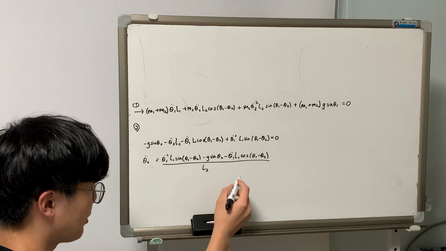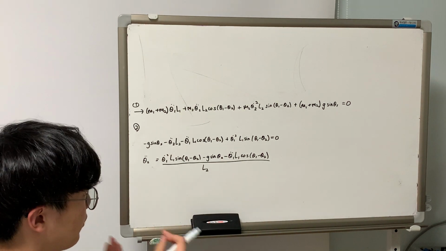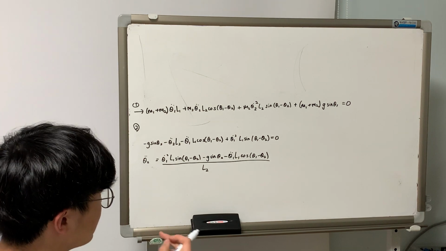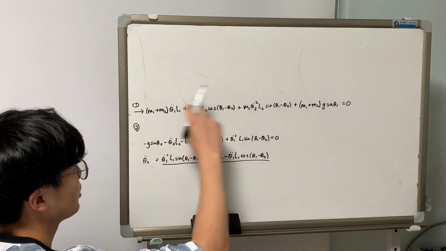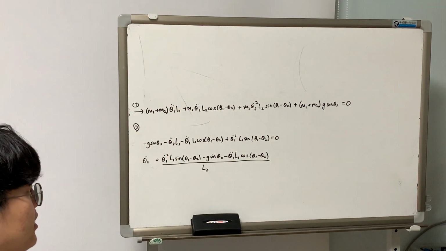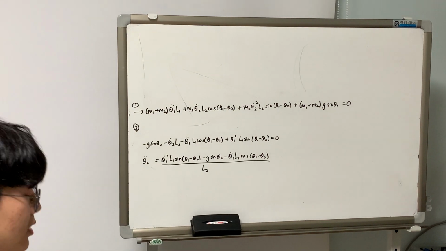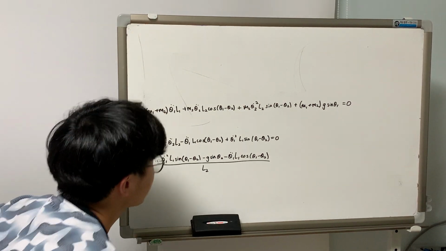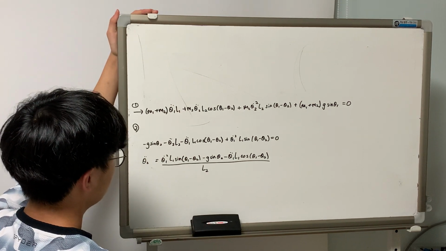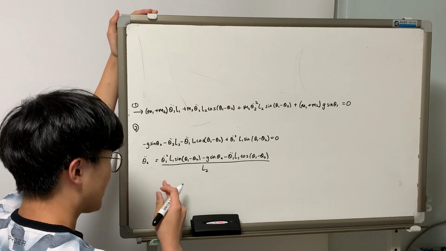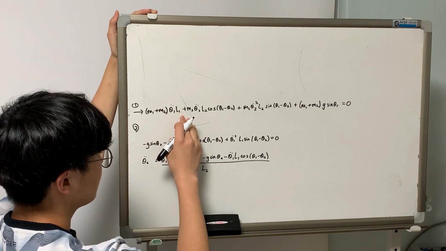But still, as I said before, we have theta 1 dot dot in it, and so we're not quite finished. What we're going to do is implement the value I get here into this long equation, and get a new equation that gives my value for theta 1 dot dot. All right, so let's do that here on the top. For me to do this, I'm going to have to rearrange everything in terms of theta 1 dot dot.